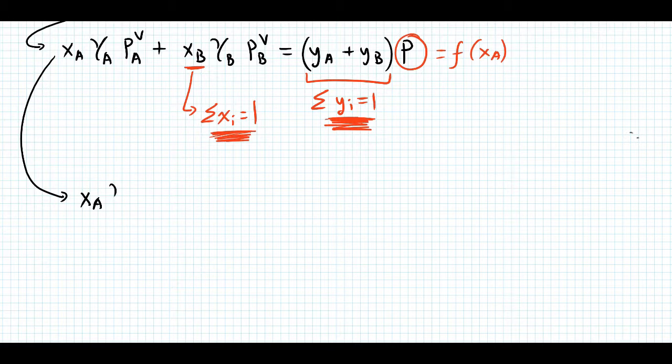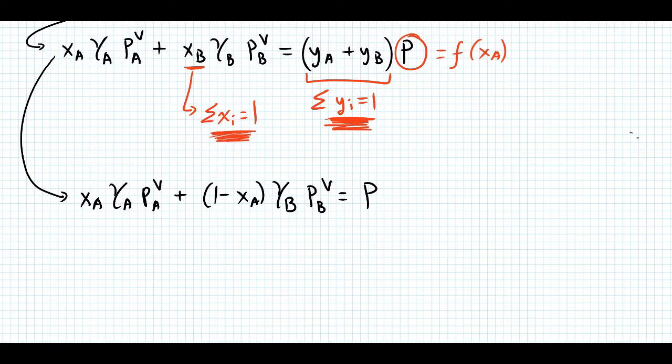So xa gamma a times PAV plus 1 minus xa times gamma b times PBV is equal to P.